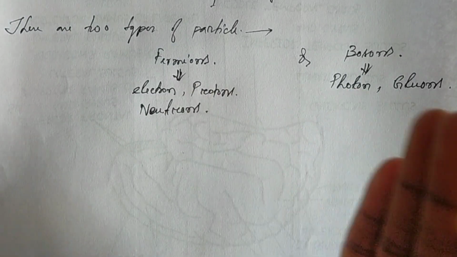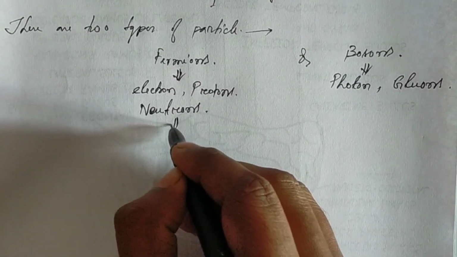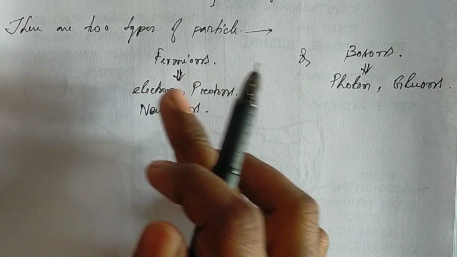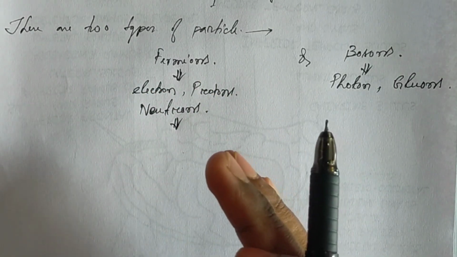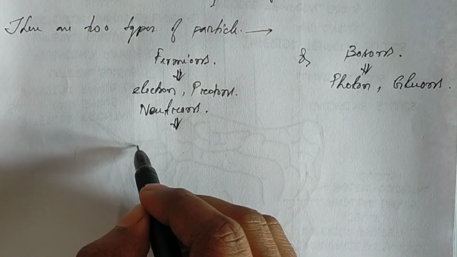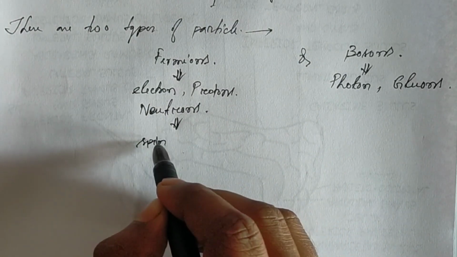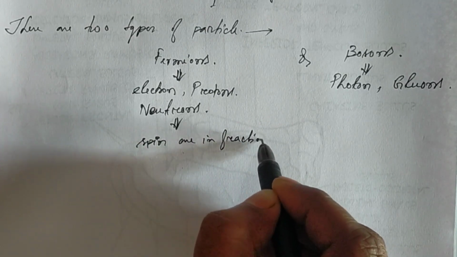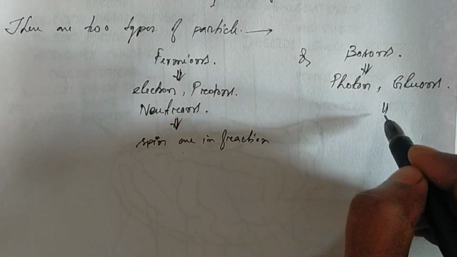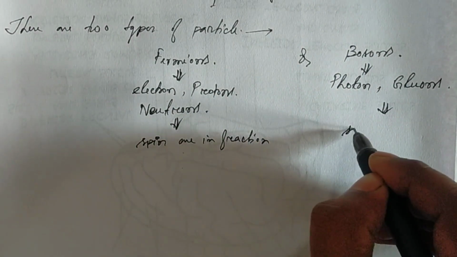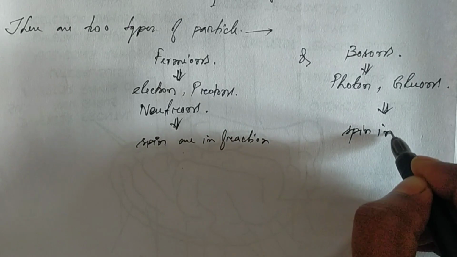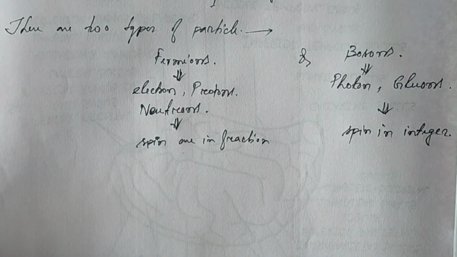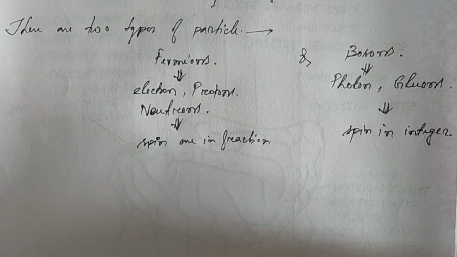Now, what is the difference? The difference is that the spin of electrons, protons, or neutrons is in fractions. In the case of bosons, the spin is an integer.